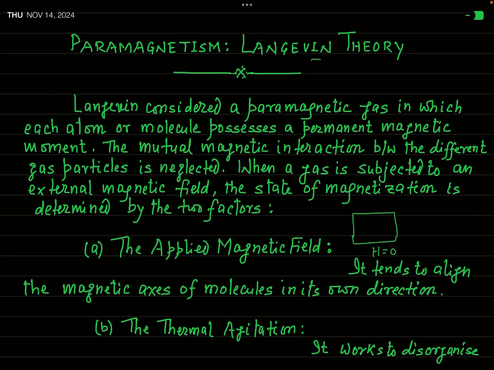So when H is zero, the directions of the magnetic dipole moments are random, and the net magnetic moment of unit volume of the specimen, which is called magnetization, is equal to zero.